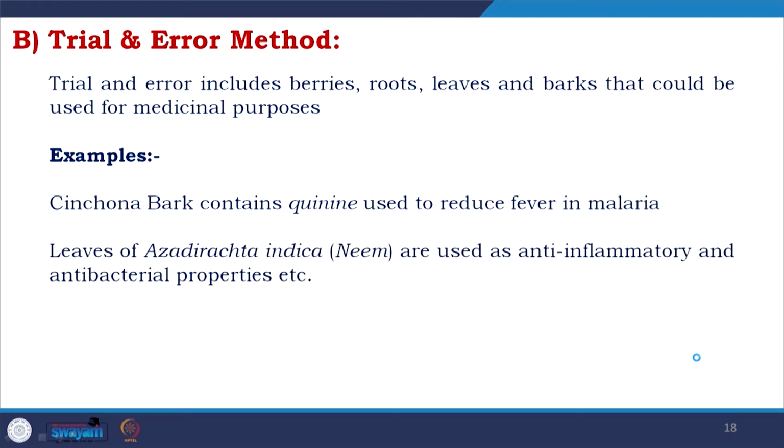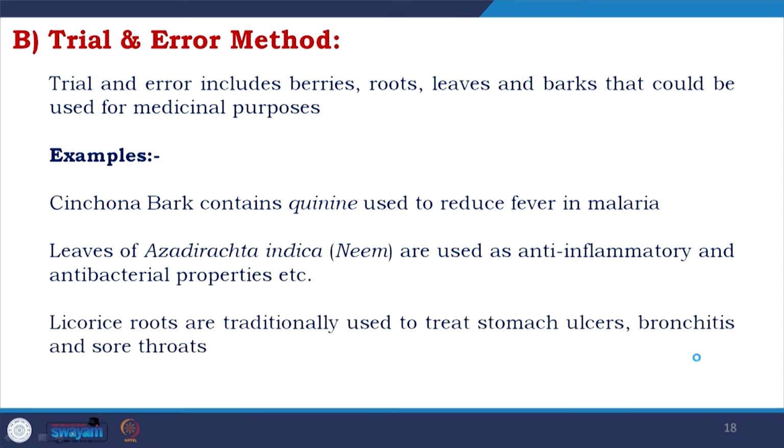Leaves of Azadirachta indica, which is neem, are used for anti-inflammatory and antibacterial properties. Licorice roots are traditionally used to treat stomach ulcers, bronchitis and sore throats. So, in that way you have a collection of plants, you apply, you see it is affecting, okay, this is right. That is called trial and error method.